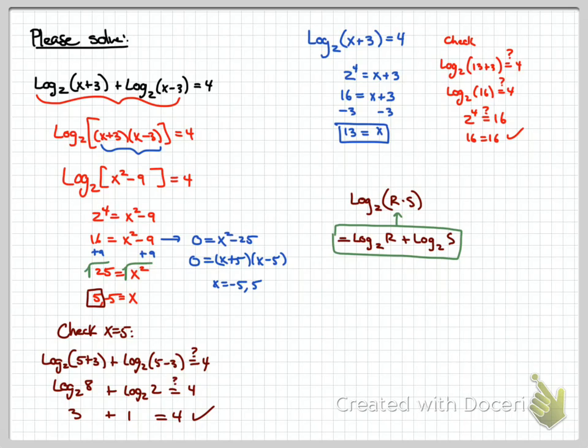We'll do this in blue, so check x equals negative 5. Well, log base 2 of negative 5 plus 3 plus log base 2 of negative 5 minus 3, does that indeed equal 4?